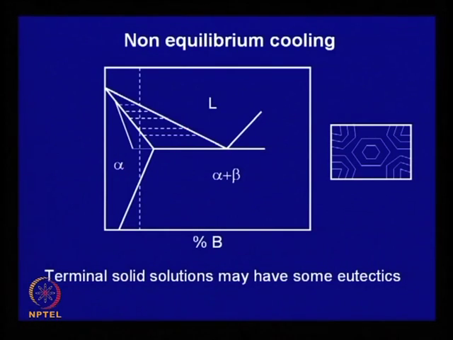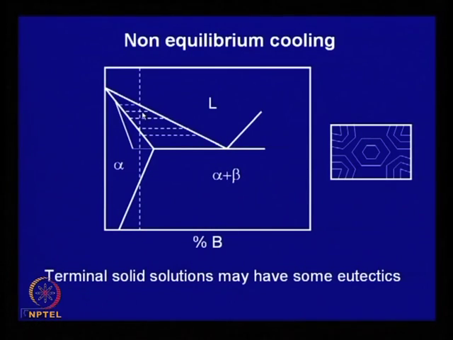Now, the same thing you can extend to the eutectic structure. Suppose we consider this case. What is non-equilibrium cooling in a eutectic system? Let us look at this terminal solid solution. This line represents pure A, this is pure B, and when the temperature goes below the liquidus, the first solid that precipitates out has this composition.